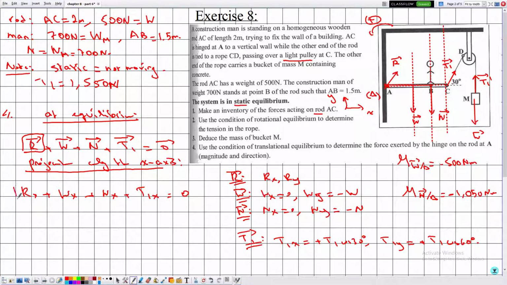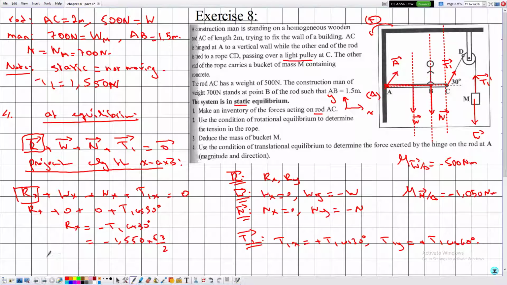Now Rx is unknown. Plus 0 plus 0. Okay, plus T1 cosine 30. So in this case Rx will be given by minus T1 cosine 30, which is equal to minus 1550 multiplied by radical 3 over 2.